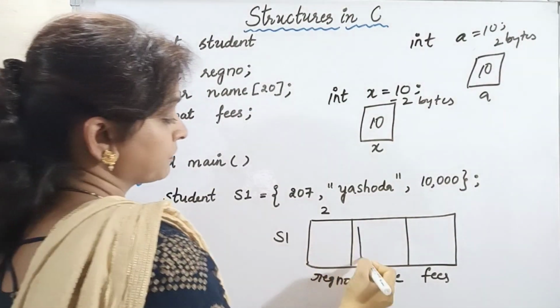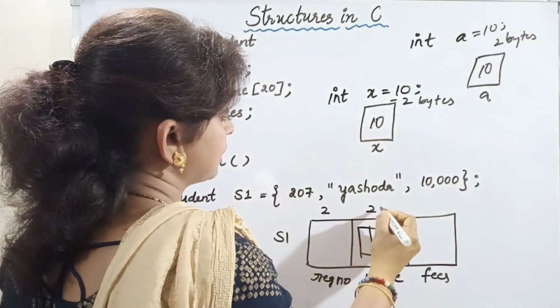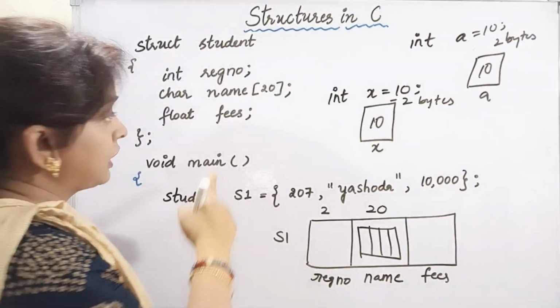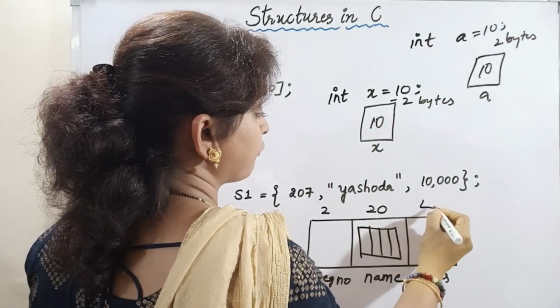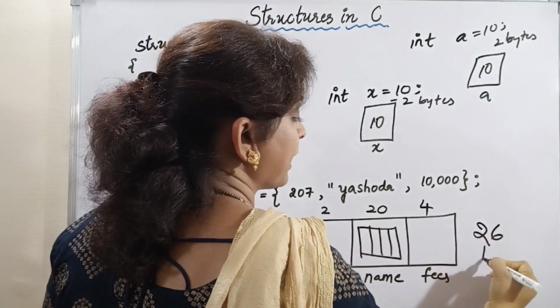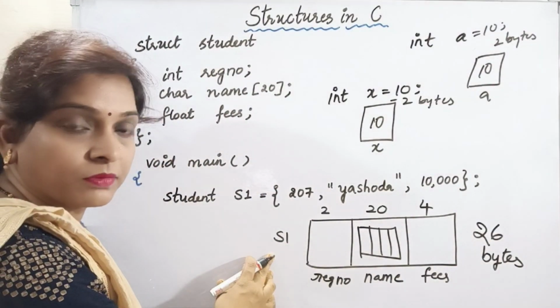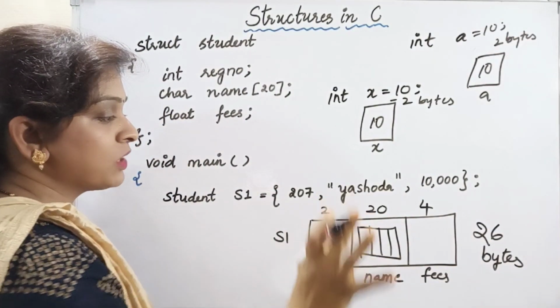We have an array, of how many bytes? The dimension we have given is 20. Then we have fees which is of float type, so it is 4. So totally 26 bytes of memory will be allocated for yes1. Right? Now the memory is allocated.